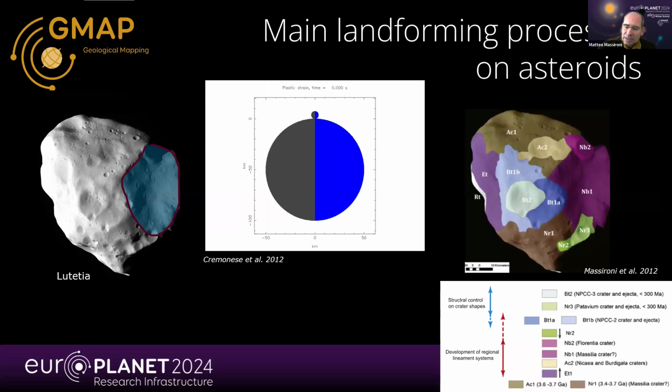Which are the processes that shape the asteroids? Actually, the asteroids are small bodies, so they have no inner heat source, so they have no actual volcanism, except for the ones that we have already seen during the second day of this course, which is Vesta, for example, that could have had volcanic activity, and even Ceres that has cryovolcanism, as you have seen already.